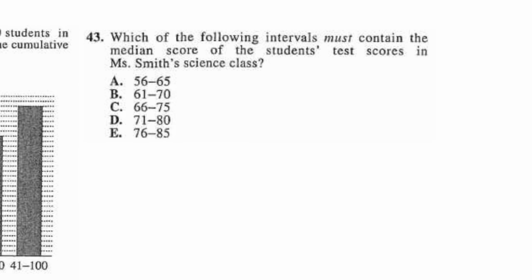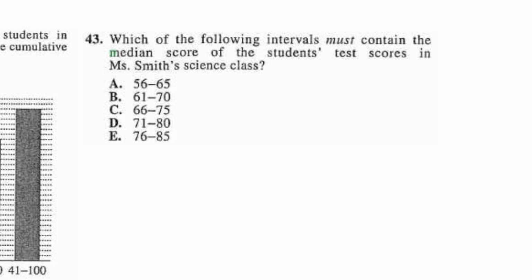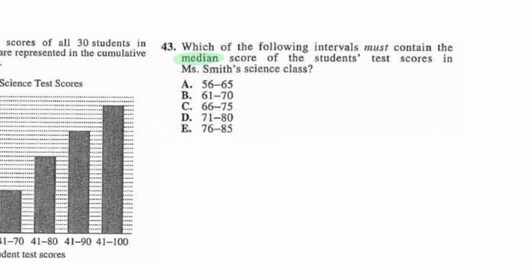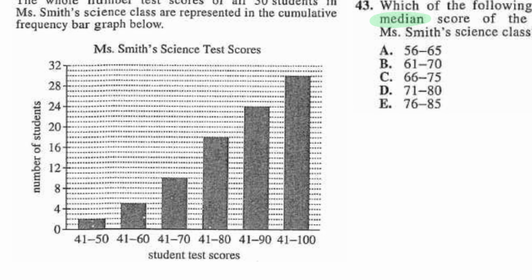So this question says, which of the following intervals must contain the median? Remember, the median is the middle score of the students. So we had 30 students. So the median score would be the 15th student, which is where this line crosses here. And you can see that that does not hit exactly at any of these intervals.